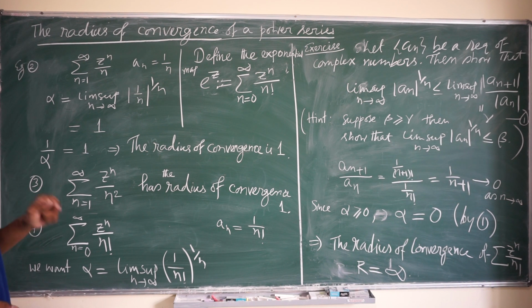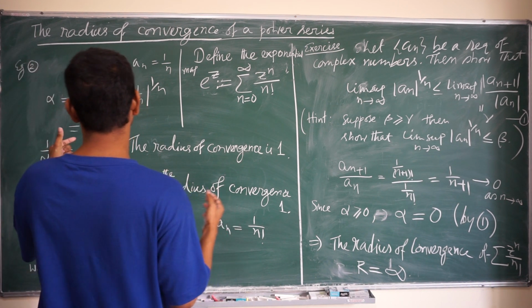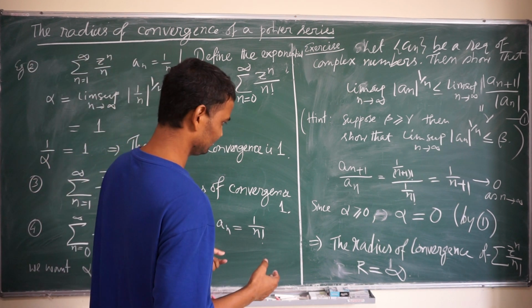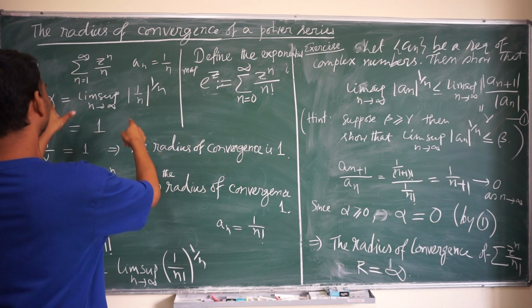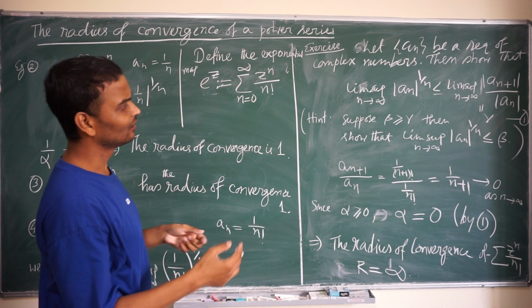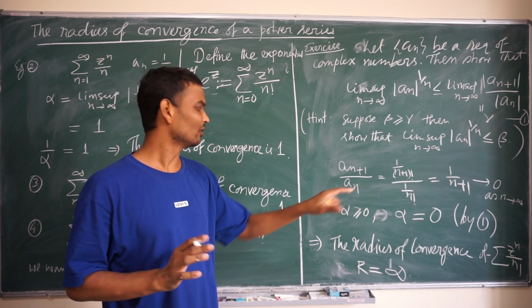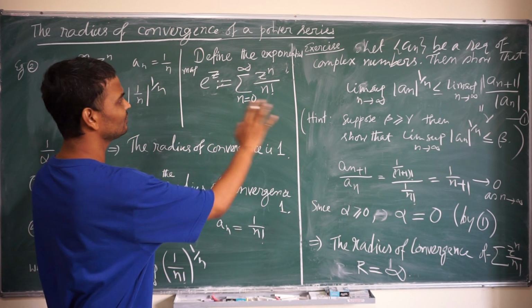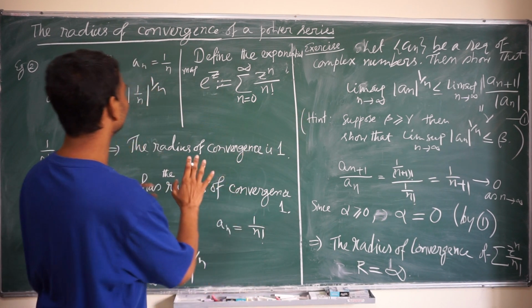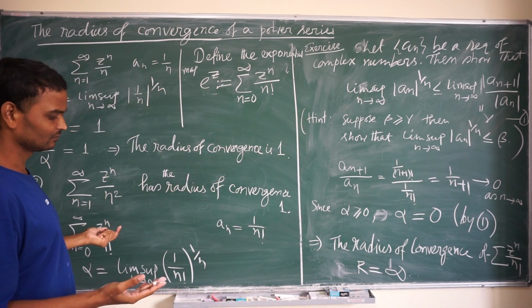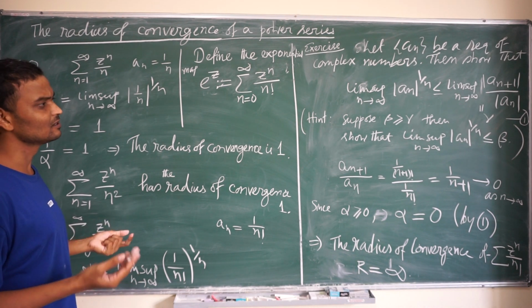The formula of radius of convergence, 1 over alpha, is true for series in real variable, so everything follows from power series in real variable.